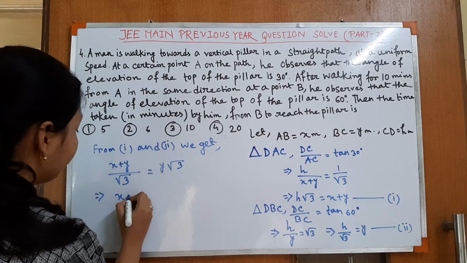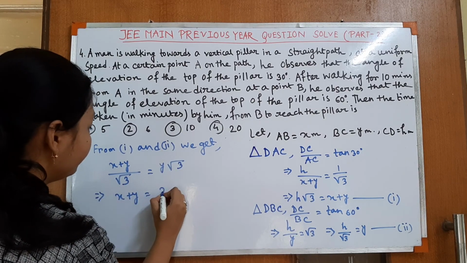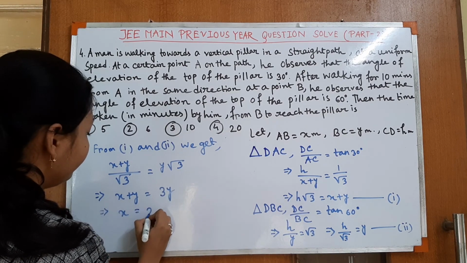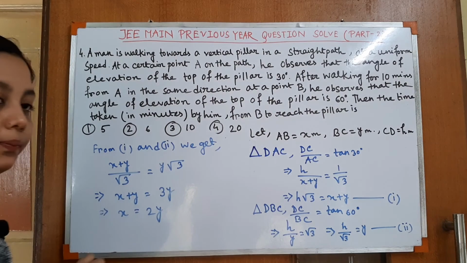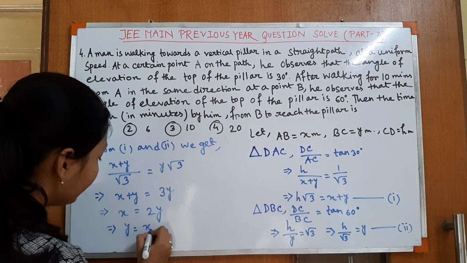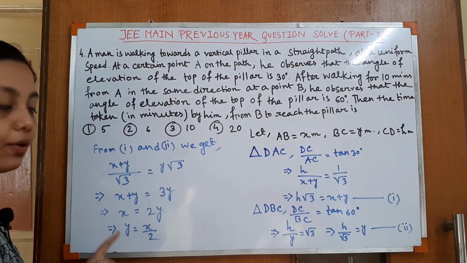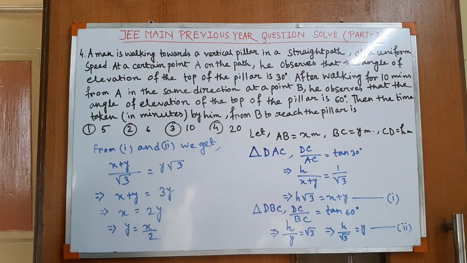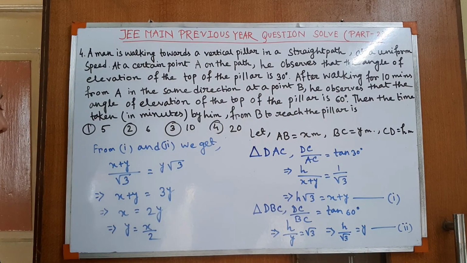That is x plus y equal to 3y. That is x equal to 2y. So the relation between x and y is y equal to x by 2. Okay? Note down this portion.